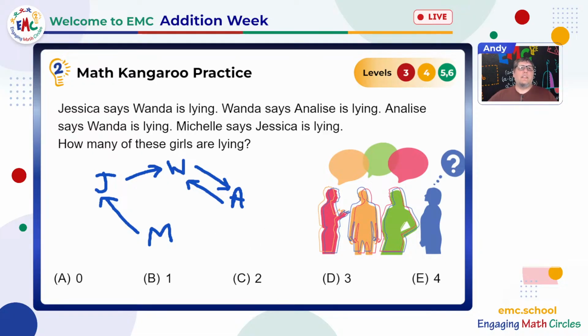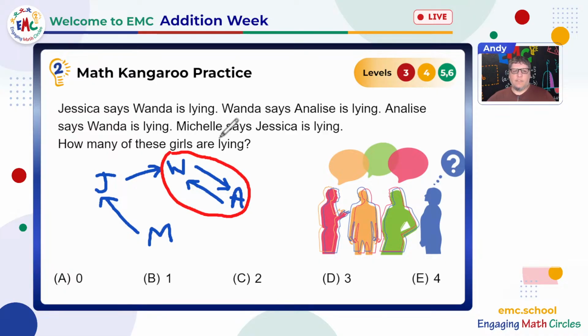Well, if both of these are saying that the other is lying, only one can be telling the truth. Why is that? Well, if they're both telling the truth and they're both lying, then one of them must be telling the truth.